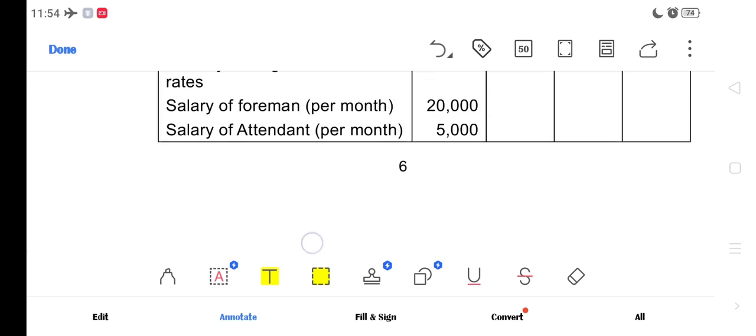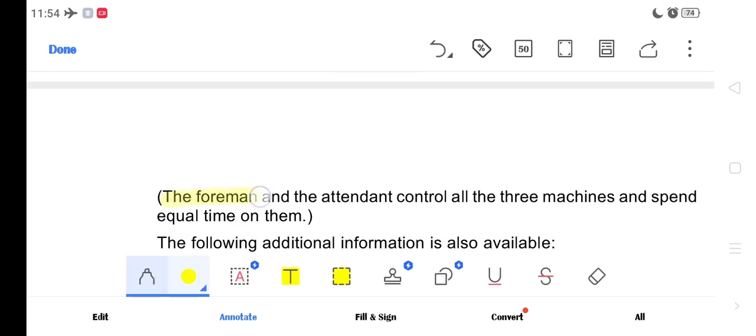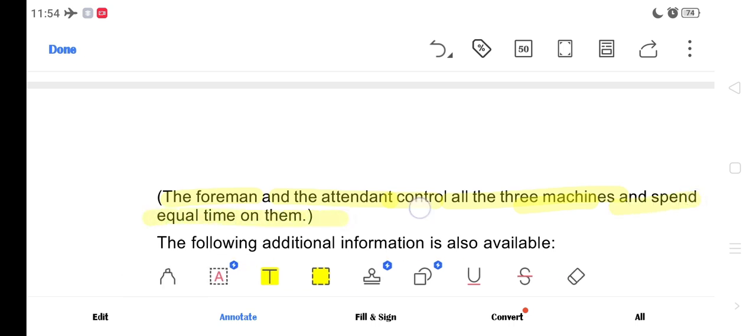Here there is something called salary of foreman and salary of attendant. They haven't given any apportionment. So how do we know in what ratio we have to apportion these total salaries to the three machines? For this they have said that the foreman and the attendant control all three machines and spend equal time on them.